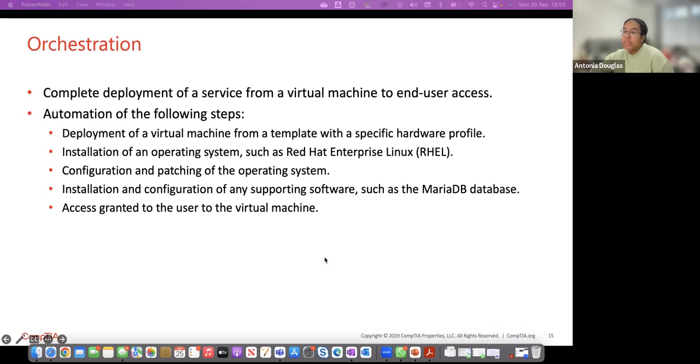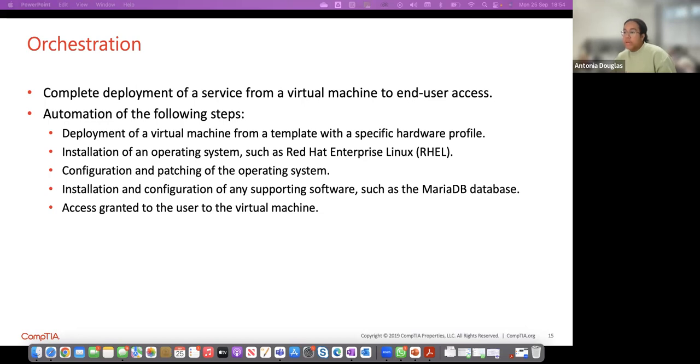They've mentioned here automation of the following steps. Deployment of your virtual machine can be automated. Installation of your operating system, such as RHEL, configuration and patching of the operating system. Now, that's definitely something that you want to be automated, especially when it comes to security fixes. Patches, once the patch is released, you want that to be deployed as soon as it's available, so you want that process to be automated.